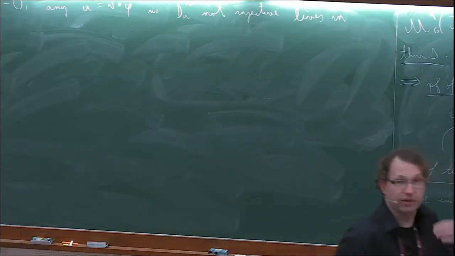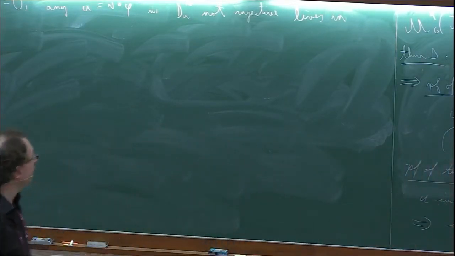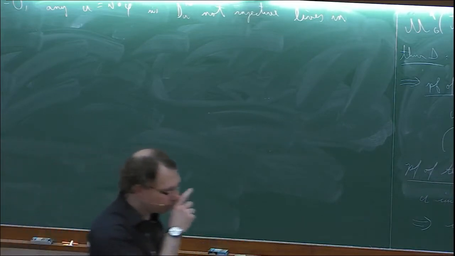So I just want to conclude today with one more remark about this Taubes bifurcation theory. We can maybe make a little bit more sense now of the picture I drew.